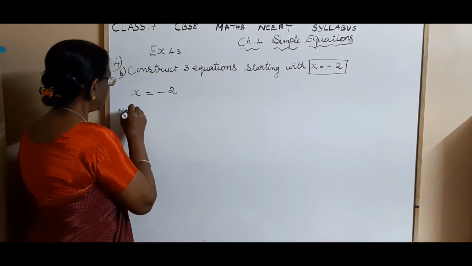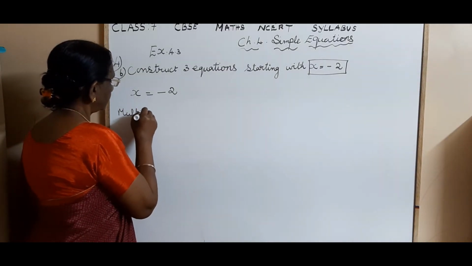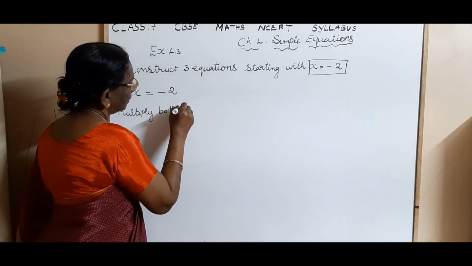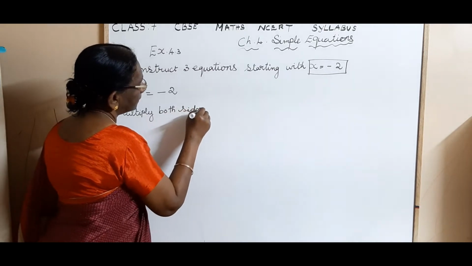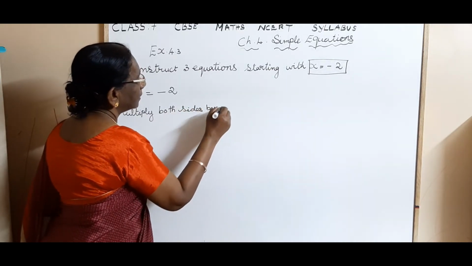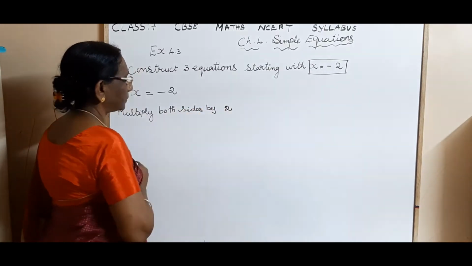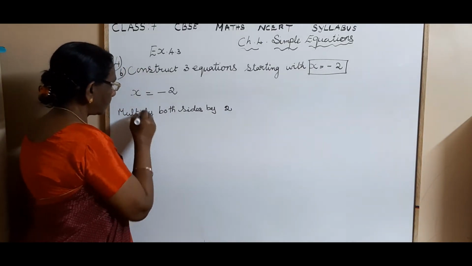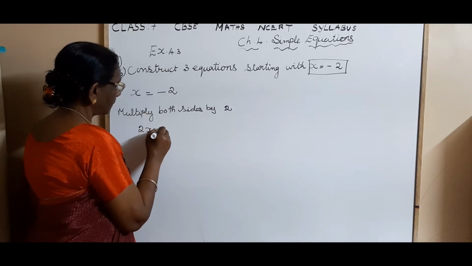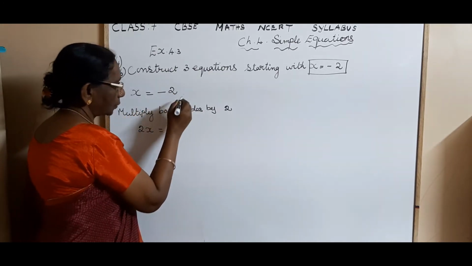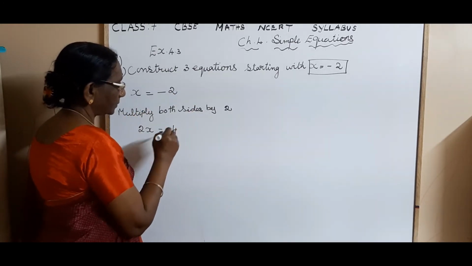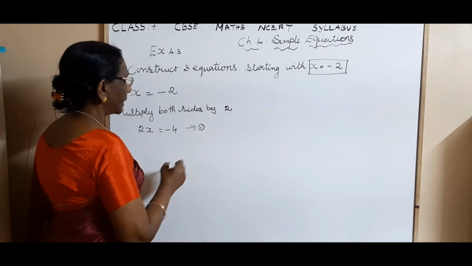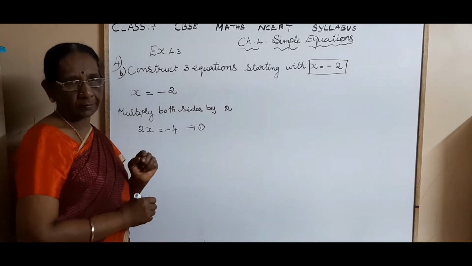Multiply both sides by 2. So, what do you get? 2 into x is 2x. Minus 2 into 2 is minus 4. Isn't it, children? So, we have constructed the first equation.